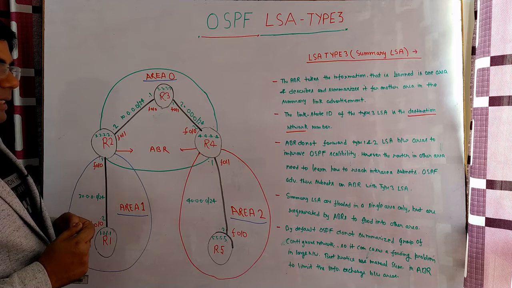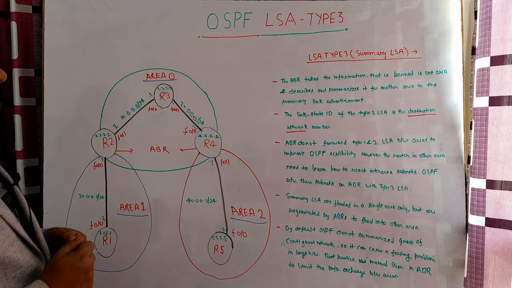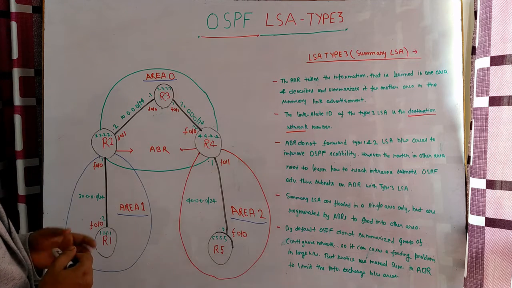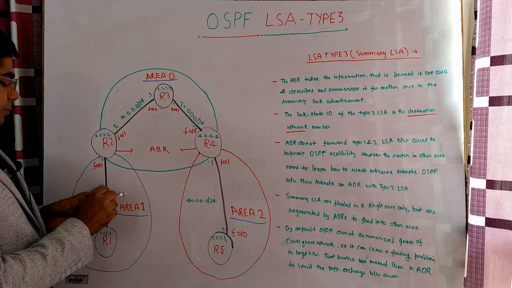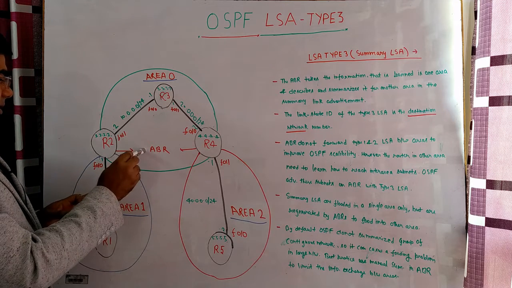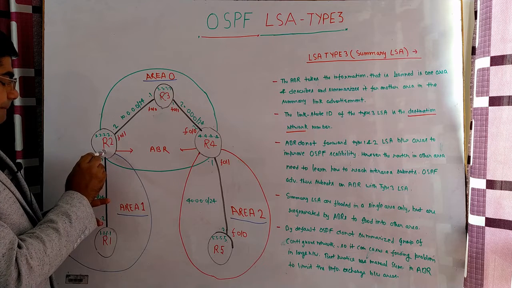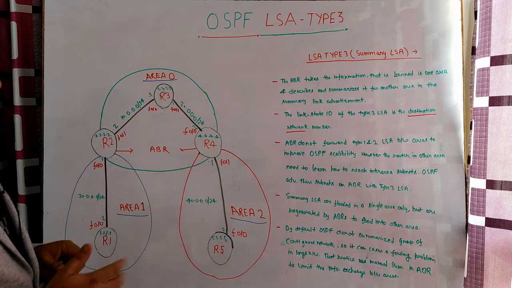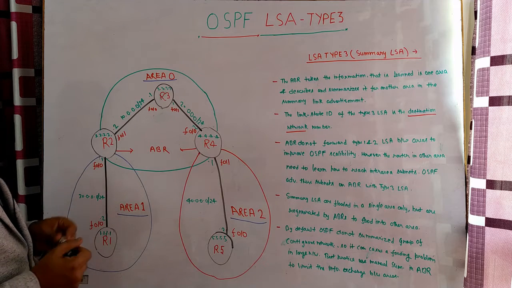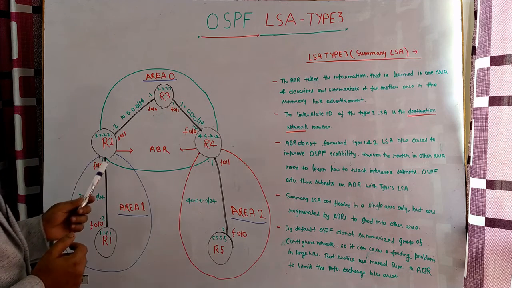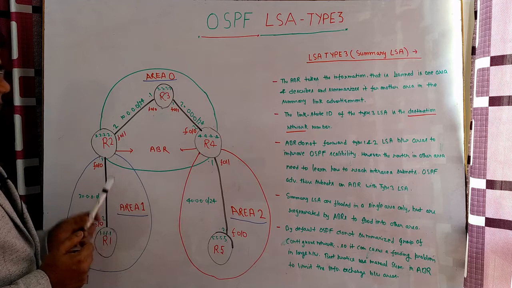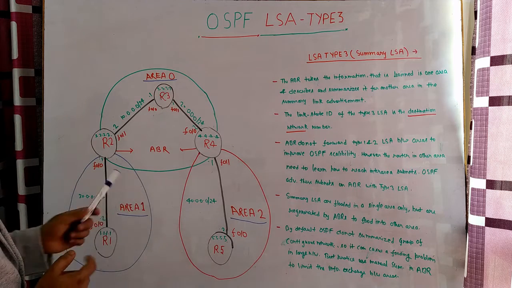Summary LSAs are flooded in a single area only but are regenerated by the ABR to flood into another area. Normally the LSA floods in this area, but it is sent to the other area by this LSA type 3, which is originated by this router 2, the ABR. So it will regenerate the information it is getting from these routers.